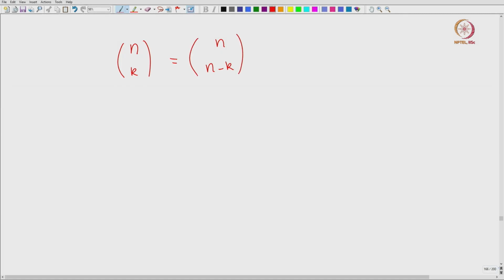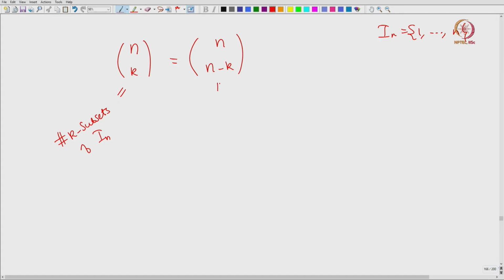Like I said, it can be proved using counting in two ways. For example, the left hand side counts the number of k-subsets of I n. Recall that I n is given by 1 to n.